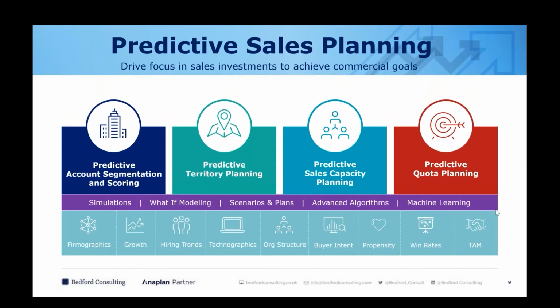These, of course, are huge. In any sales planning process, we want to know that information, and PI will give us more information that helps us to structure our decision making around this. Win rates, and of course, total available market, TAM, all coming from the information that we'll be receiving through PI.